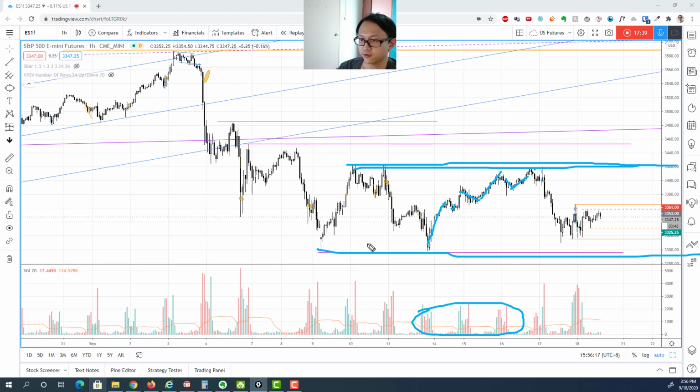So overall we're still trading within the 3300 level to 3425. We need to see how the supply emerges, whether it can break this immediate support level at 3300. If it breaks, then definitely there will be further weakness ahead. So let's see how it plays out.